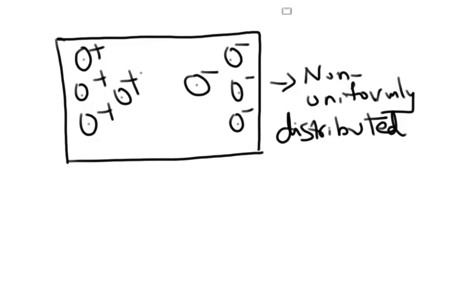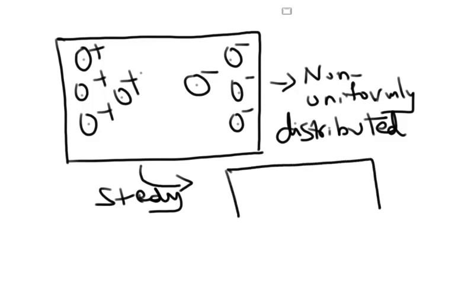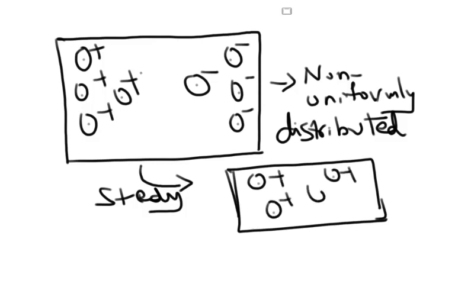In this case, even without an external trigger, due to thermal agitation, the charges will move to attain a steady state equilibrium. So, to attain steady state, these become a uniformly distributed material.